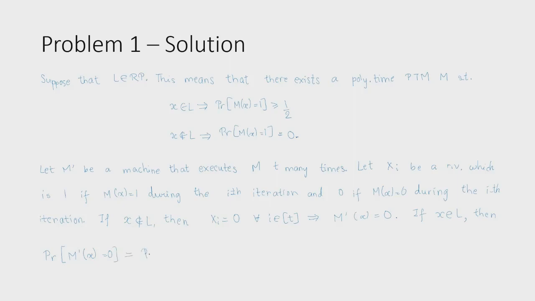This is equal to the probability that x1 is equal to 0 and x2 is equal to 0 and so on, and xt is equal to 0. Now what I'm claiming is this is equal to the product over i in t of the probability that xi is equal to 0.